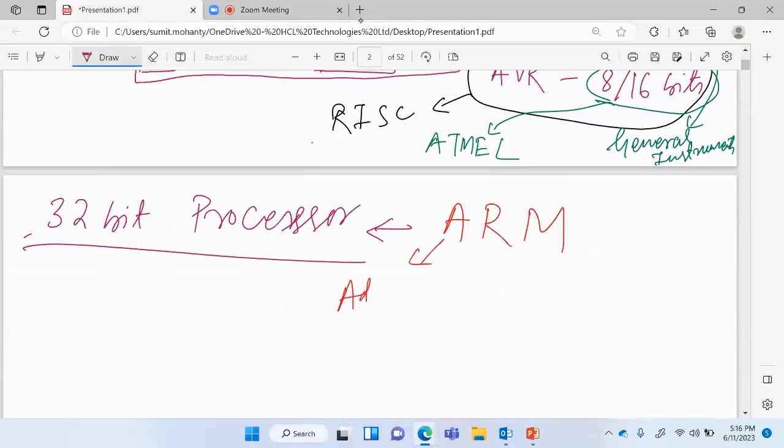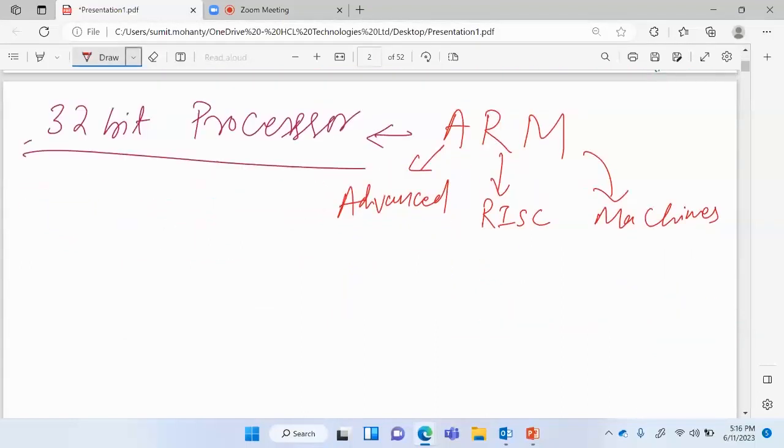That is Advanced RISC Machines. So what is an advanced RISC machine? That we need to understand. Advanced RISC machines means it takes the flexibility of RISC, that means the hardware is complicated, but it also takes some of the advantages of CISC. That is how it is advanced RISC machines.